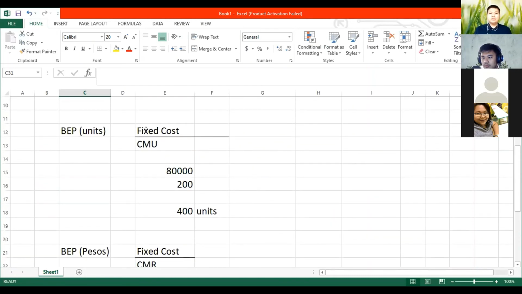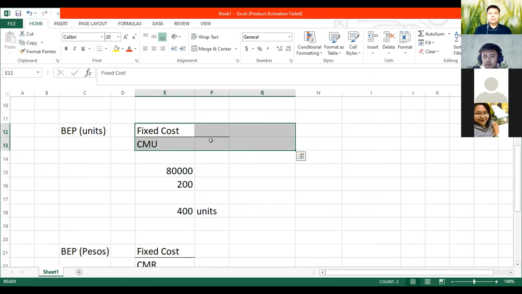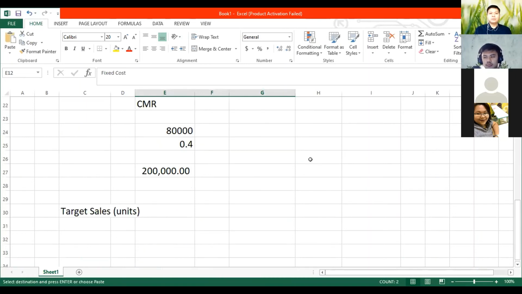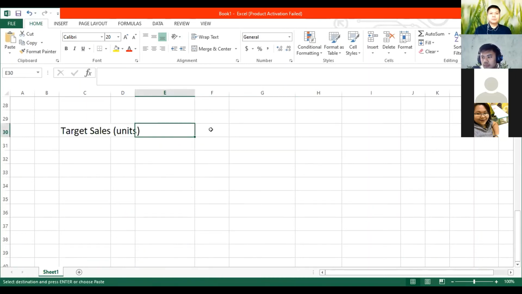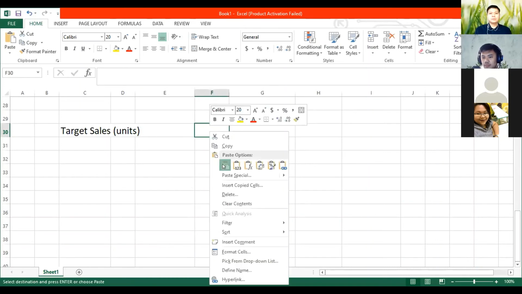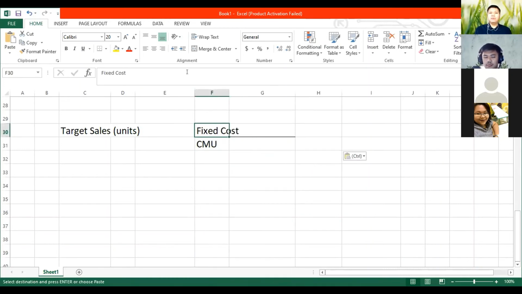Kanina the formula is this, di ba? Fixed cost over your CMU. O dagdagan lang natin, fixed cost plus the target profit. That's your formula, no? Okay.